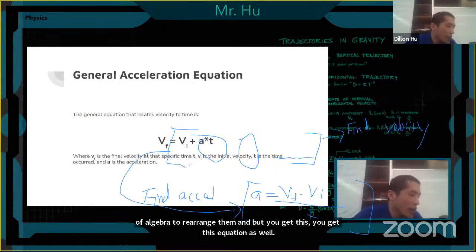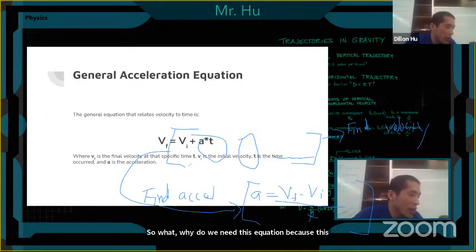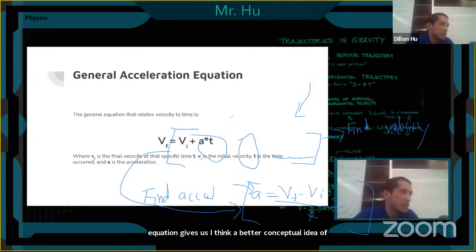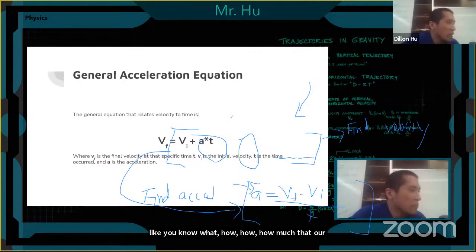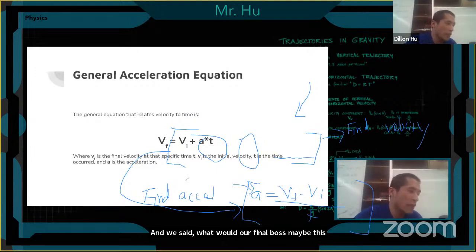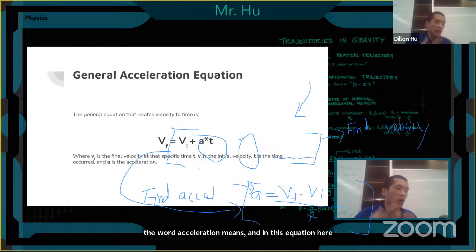So why do we need this equation? Because it gives us, I think, a better conceptual idea of what acceleration is. This first equation asks how much our velocity changed, and what our final velocity would be. This equation here gives us a better idea of what the word acceleration means. How much we accelerated is how much our velocity changed.